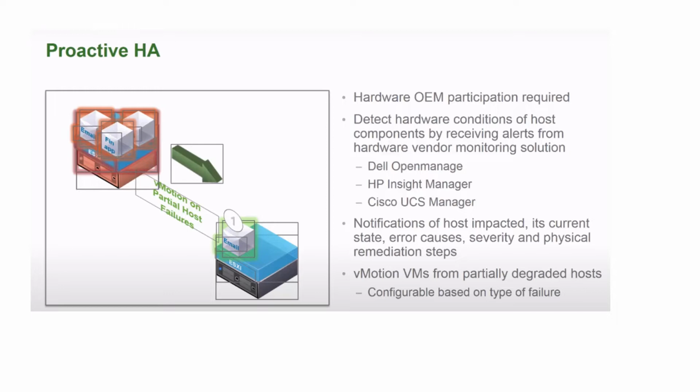Currently Dell OpenManage, HP Insight Manager, and the Cisco UCS Manager have this facility, and I think currently Lenovo and other vendors have also created plugins to integrate with vCenter. So this will help to take a proactive action during a hardware degradation.